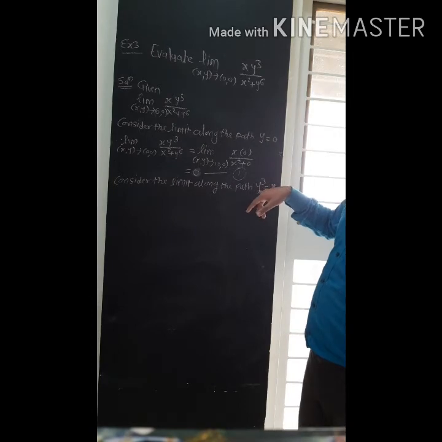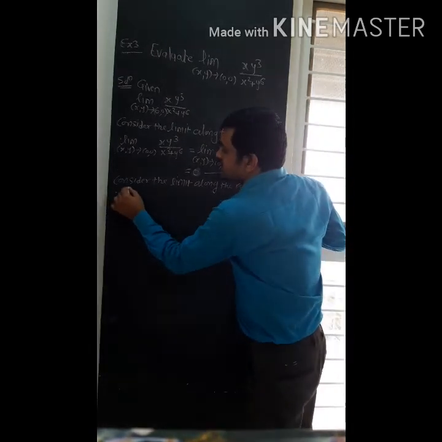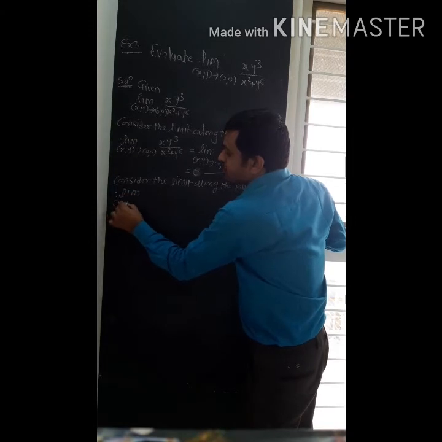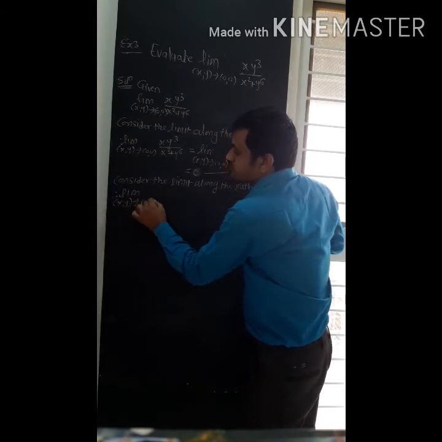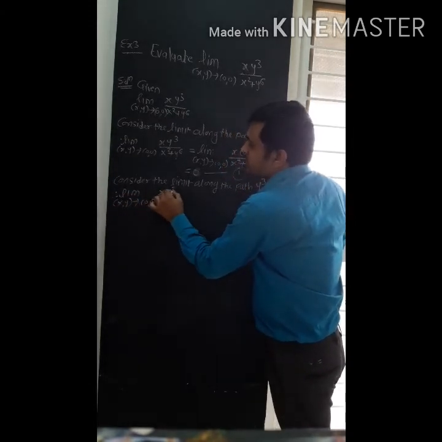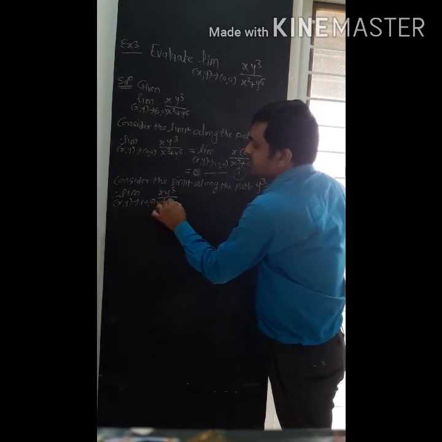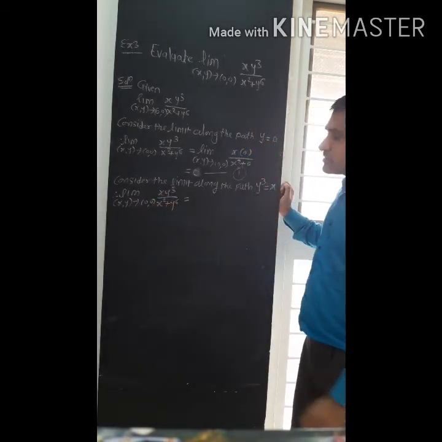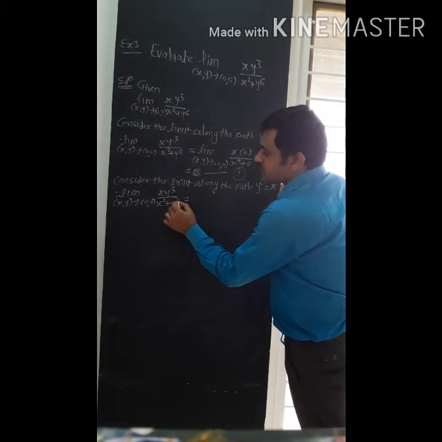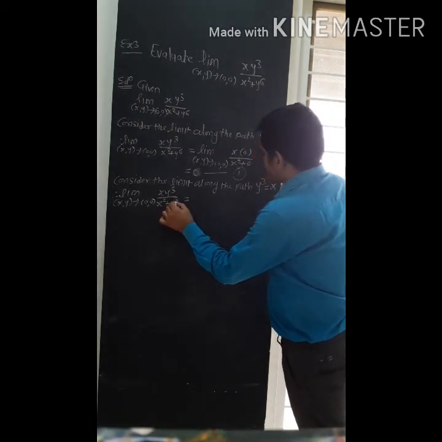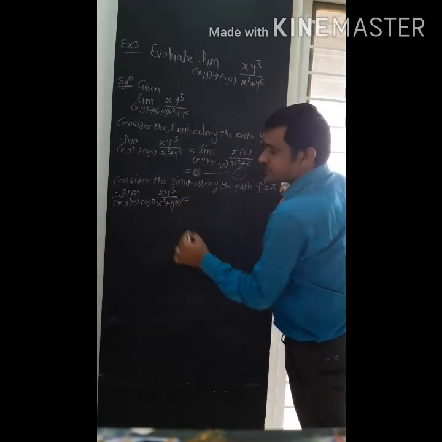If we consider the limit along the path y cube is equal to x, then this limit becomes limit (x,y) tends to (0,0) of xy cube upon x square plus y raised to 6, where y raised to 6 can be written as (y cube) square.